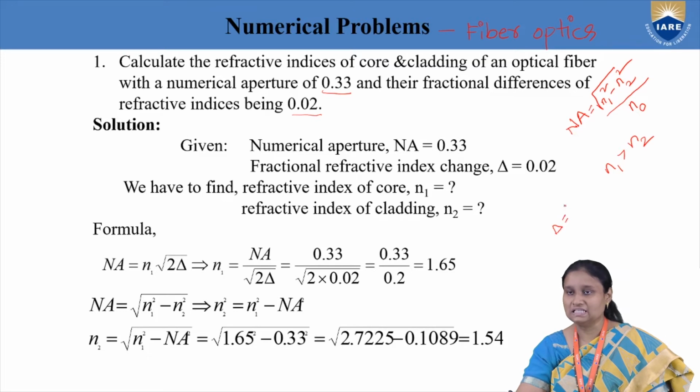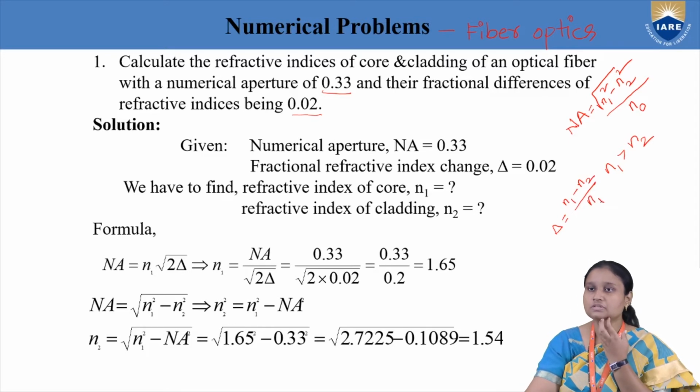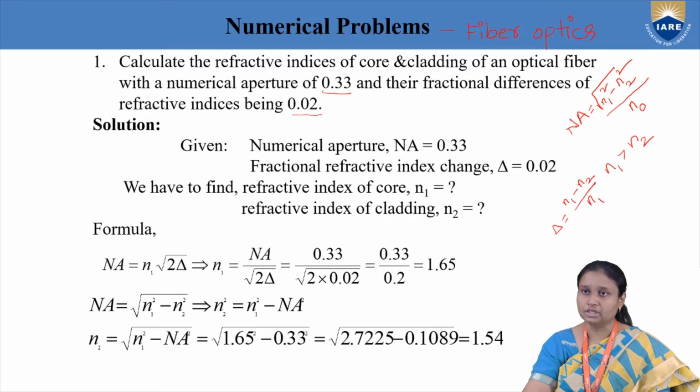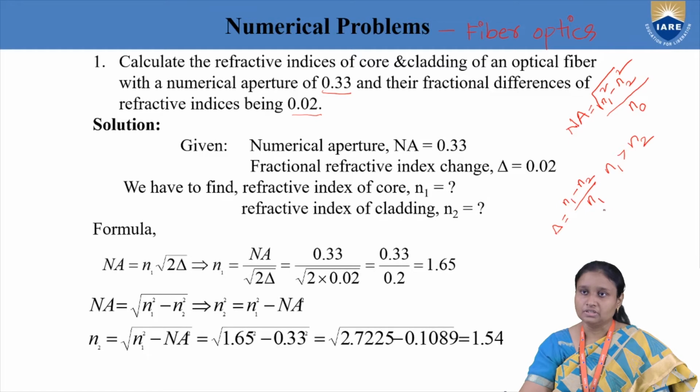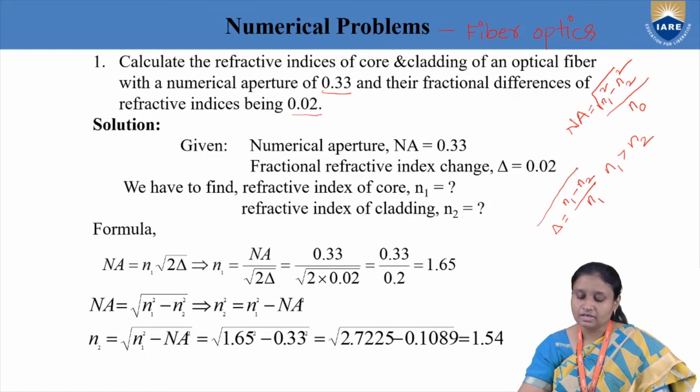It is given as a ratio: the difference between refractive index of core and cladding to the refractive index of the core itself. Okay, so this is our fractional change in refractive index. That value is given as 0.02.